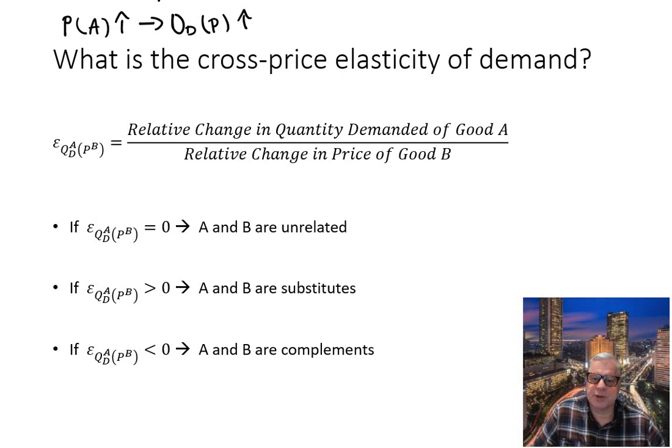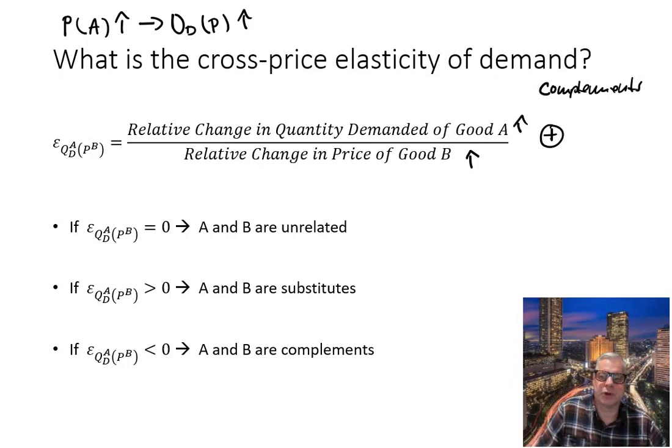So in other words, when the price of good B, which is let's say apples, goes up, and the quantity demanded of the other good, which is in our case pears, goes up, so positive, positive, we get a positive relationship, then we must have substitutes. Like apples and pears, obviously substitutes.